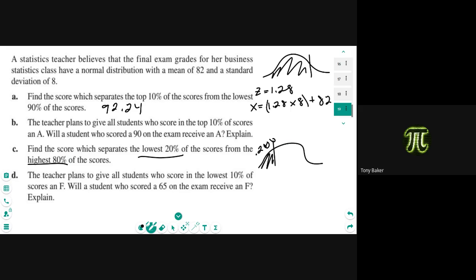This one we're using 0.2. So 0.2 on the table gives me negative 0.84. So my Z is negative 0.84.